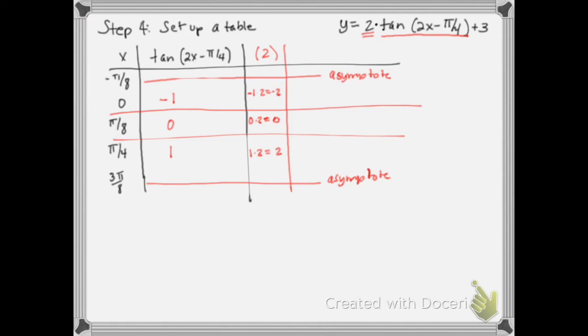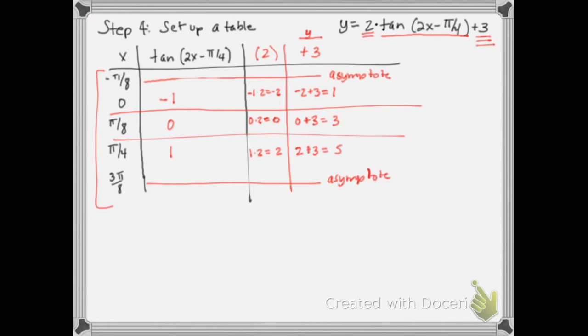The last step is to add the vertical shift, which is 3. So I add 3 to all the values in the previous column. Negative 2 plus 3 gives me 1. 0 plus 3 gives me 3. And 2 plus 3 gives me 5. So I'm plotting my angles and this last column, the plus 3 column, and that will take care of everything.